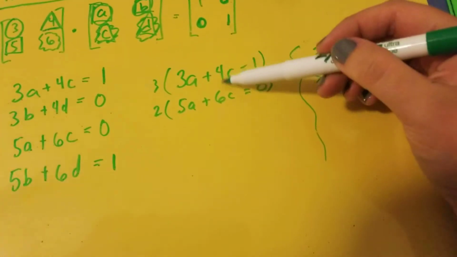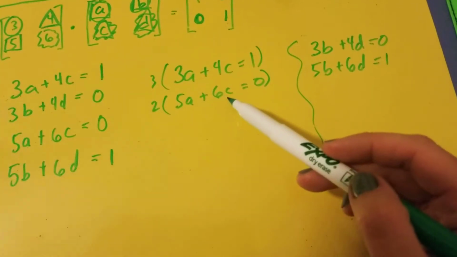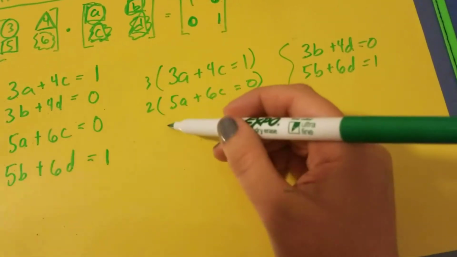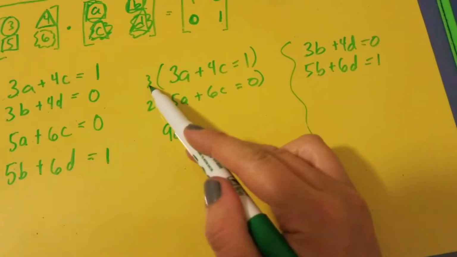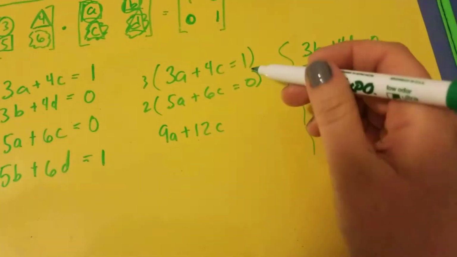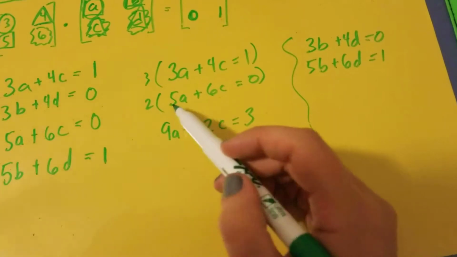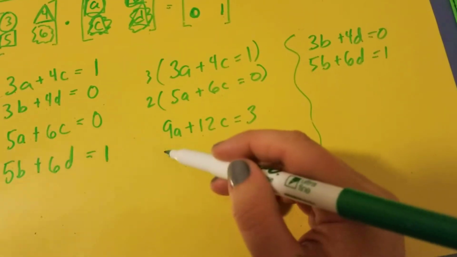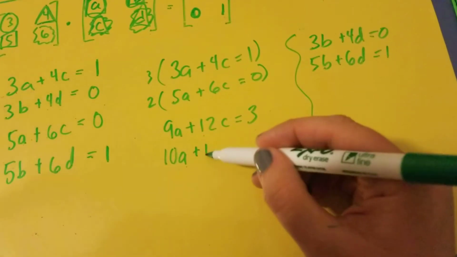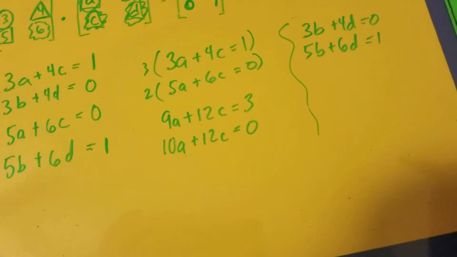That way my c's can both be 12, because 3 times 4 is 12 and 2 times 6 is 12. Okay? So 3 times 3a is 9a. 3 times 4c is 12c, and 3 times 1 is 3. And the same thing with the other one. 2 times 5a will give me 10a, and 2 times 6c is going to give me 12c, and then 2 times 0 is still 0.